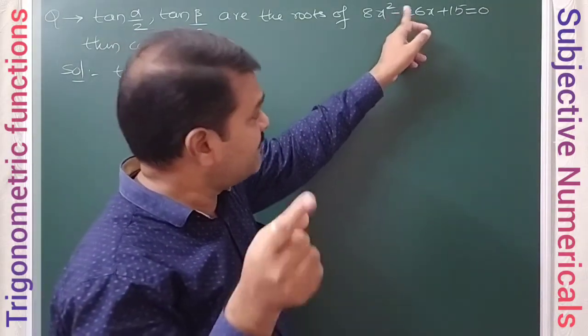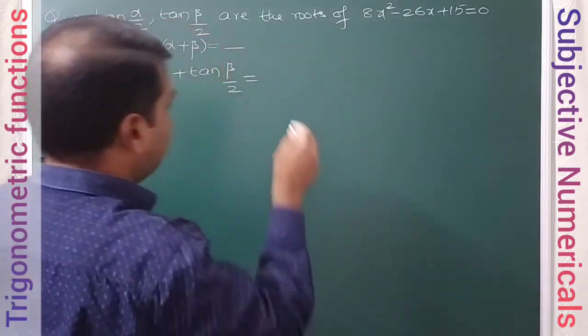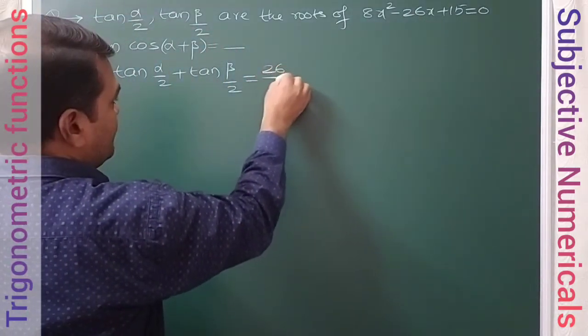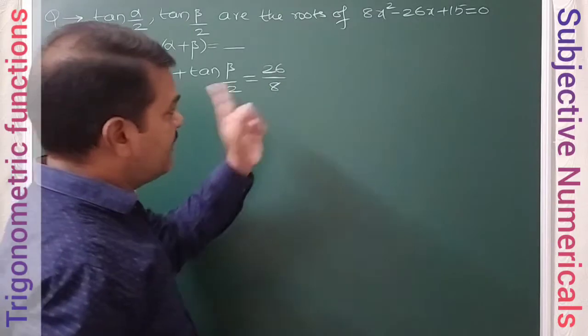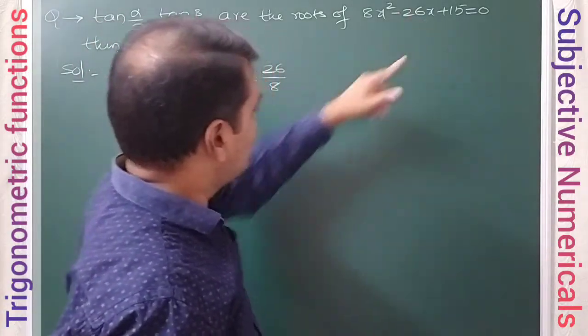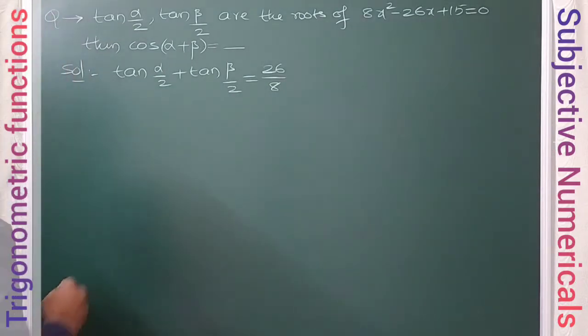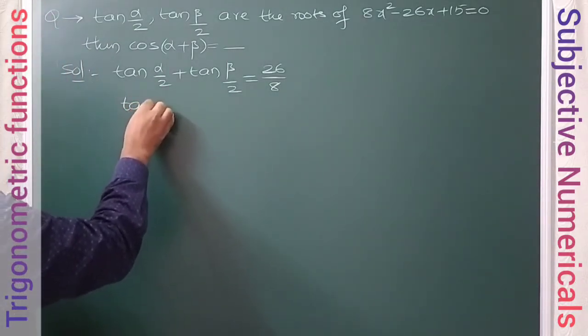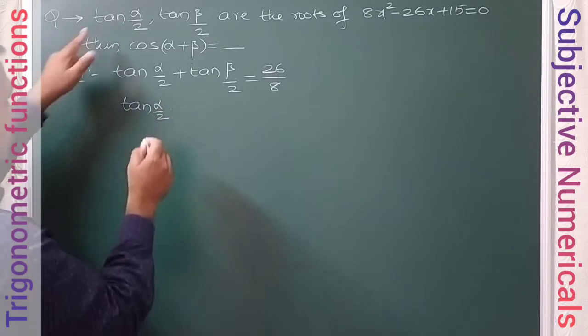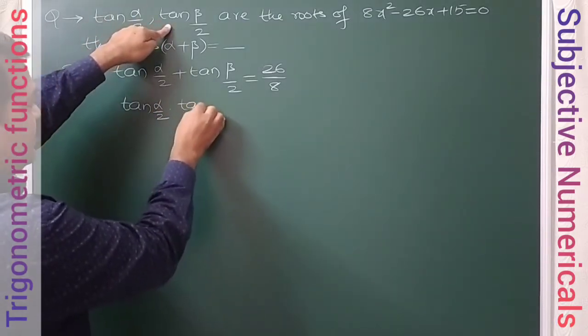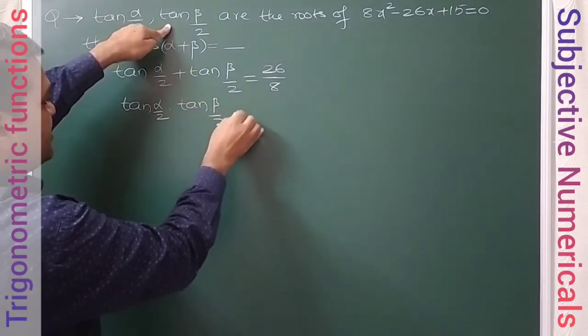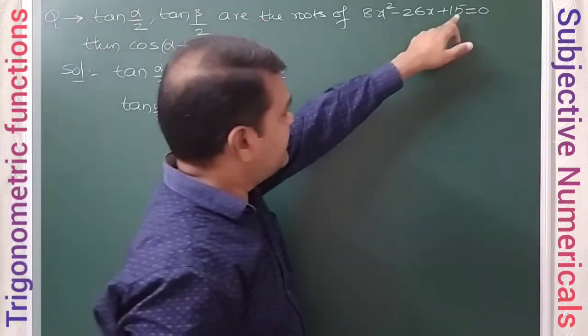So minus of minus 26 by 8, sorry 8 not 28, minus b by 8. So minus of minus 26 by 8. And what is product of the roots? Product of the roots tan alpha by 2 into tan beta by 2 is equal to c by a, means 15 by 8.